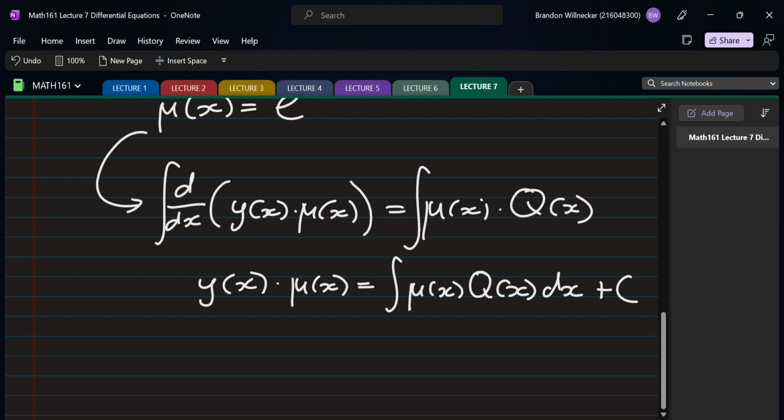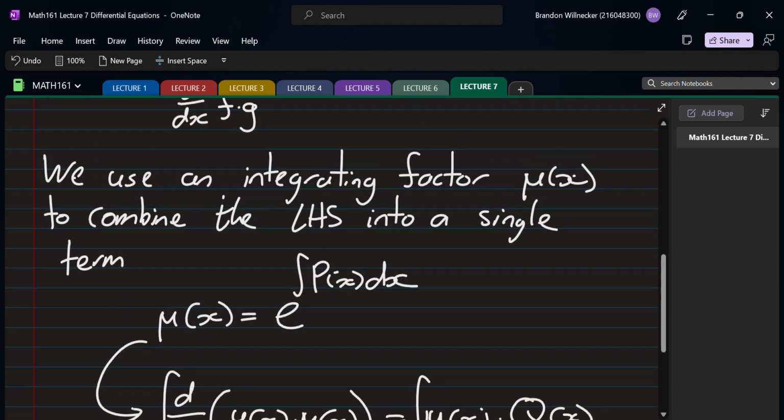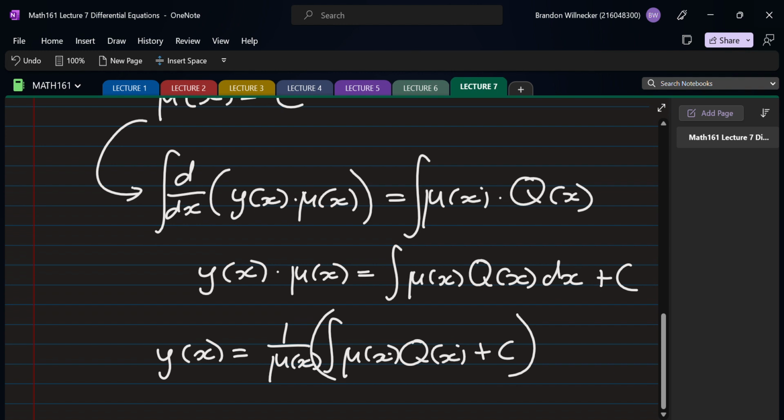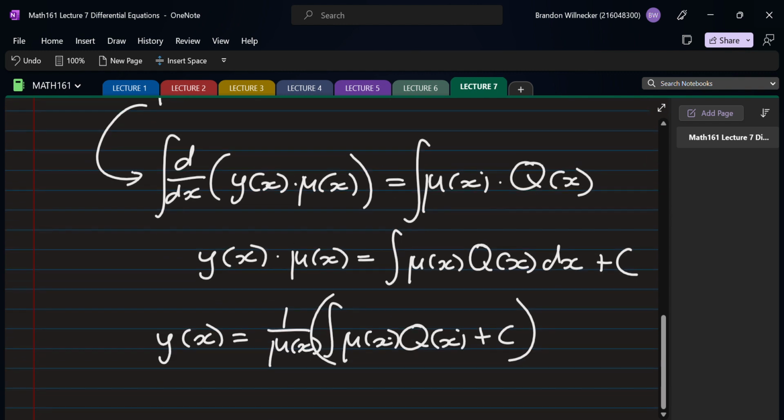Then we can divide through by mu(x), and we get y(x) is equal to 1 over mu(x) times the integral of mu(x) q(x) dx plus c. Okay, we end up with this as our solution using this integrating factor. Okay, so this is the method that we use. Once we know our integrating factor, we can just substitute it in and we can get our solution.